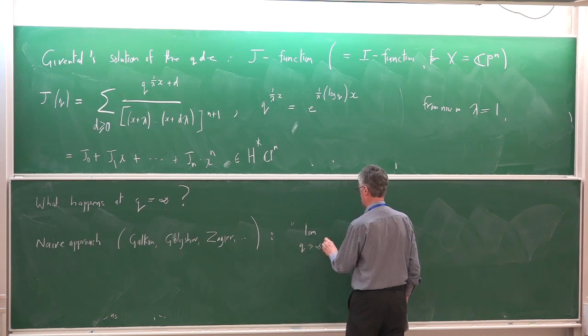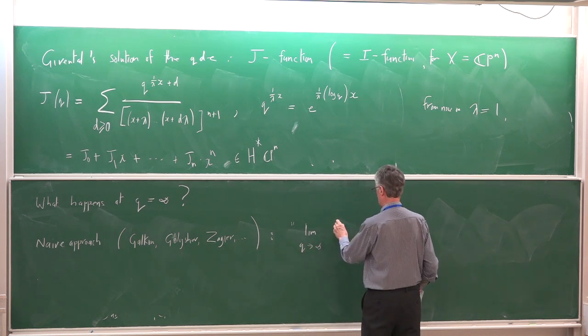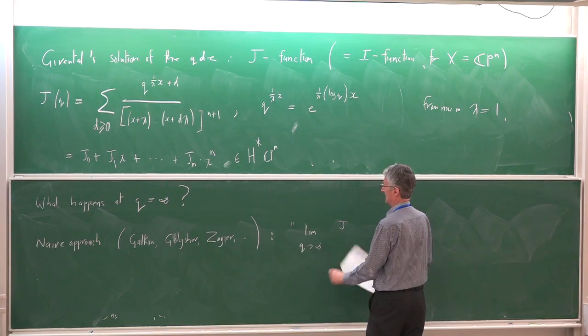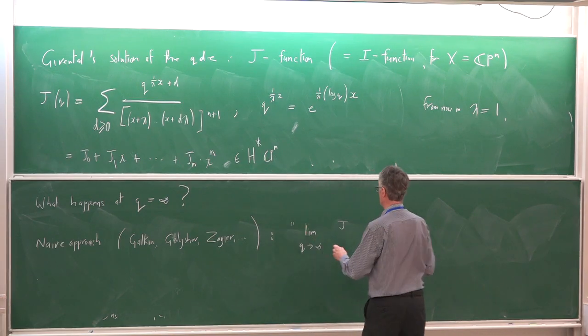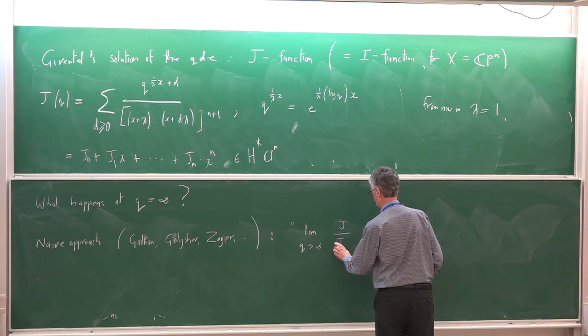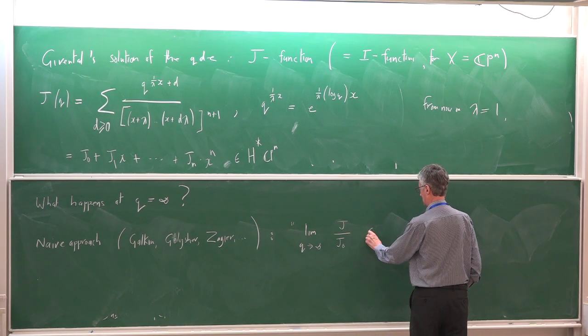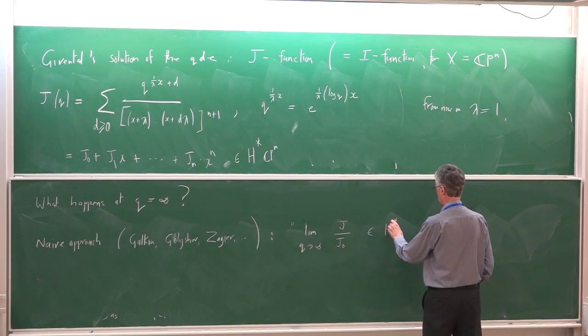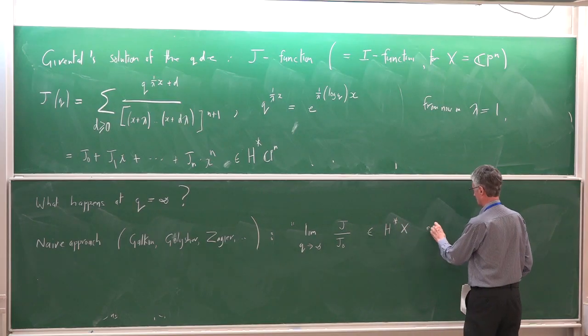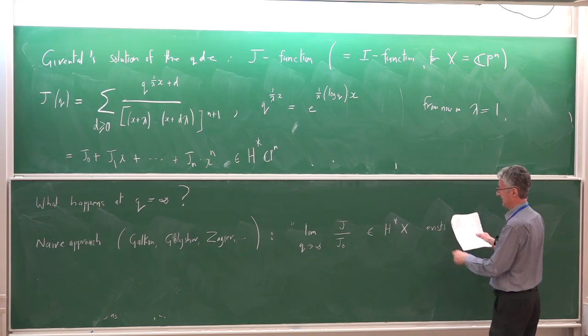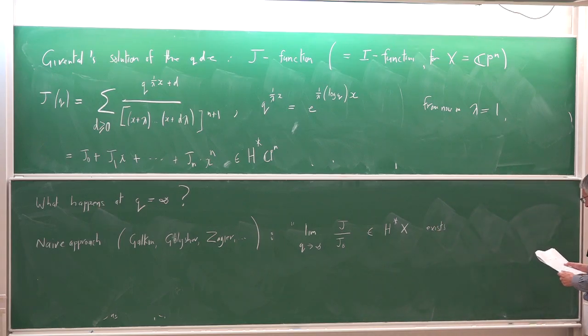So the limit as q goes to infinity of the whole series, I mean the whole polynomial, so any Ji divided by J0, let's say the first one, J0, exists. Well, for CPN, but more generally for other things.